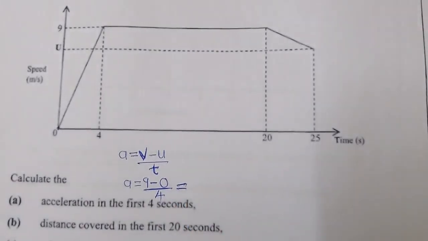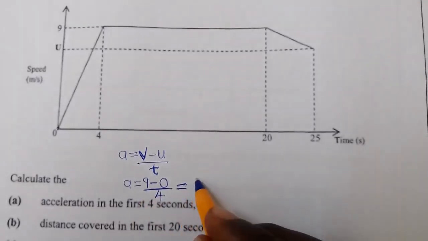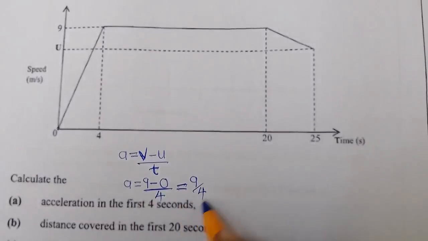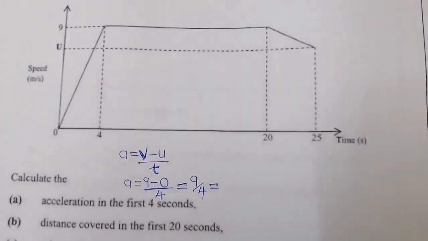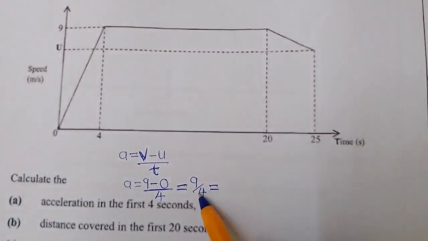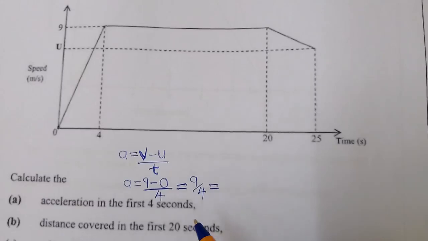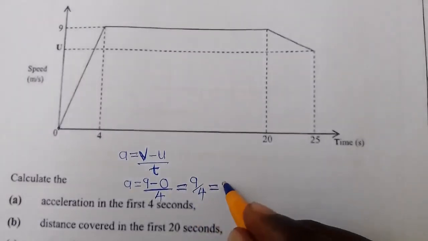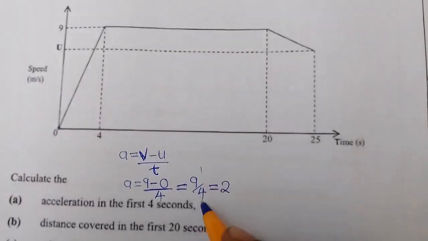Then finally you've got your answer. So what will be your answer now? Here you say 9 minus 0, it is 9, over 4. So when you divide there, what answer are you going to get? 4 into 9, it is 2, remainder 1.